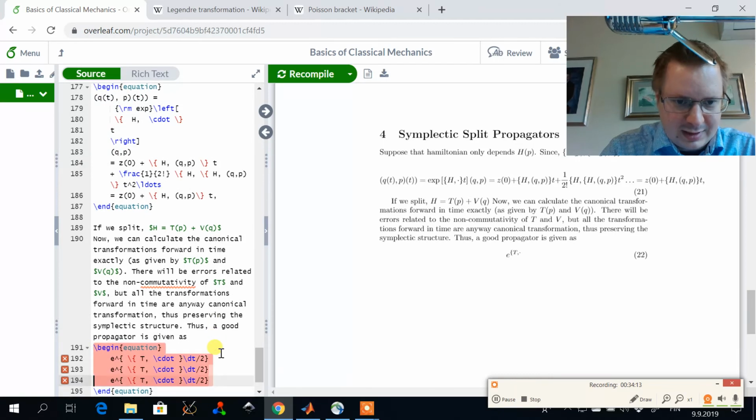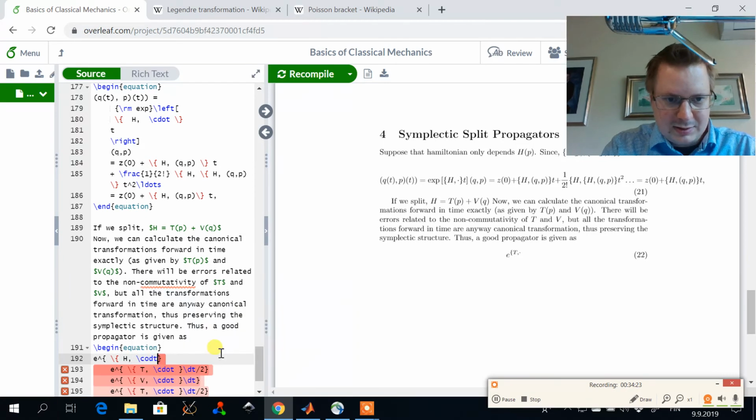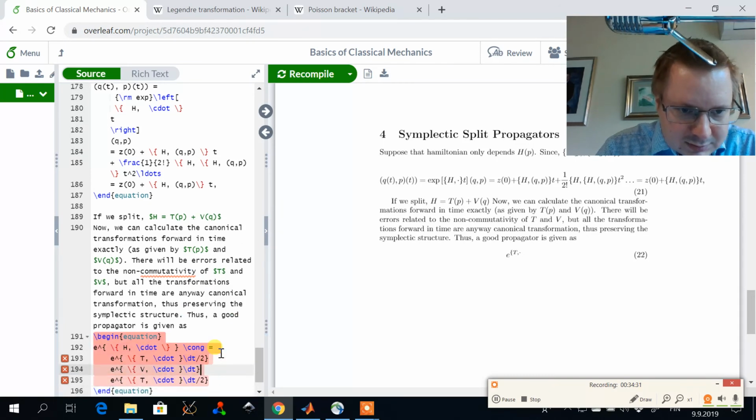I'm using the half because it increases the accuracy even more. So we are approximating this one with this one.